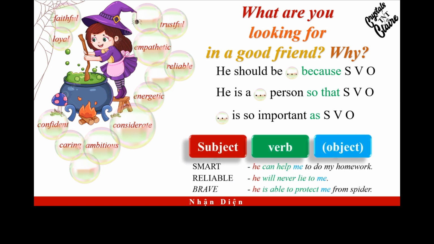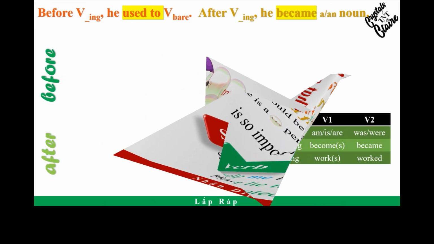Okay, so subject, verb, object. For example, you choose the word smart. He should be smart because he can help me to do my homework. Reliable. He is a reliable person so that he will never lie to me. Or brave is so important as he is able to protect me from spiders.